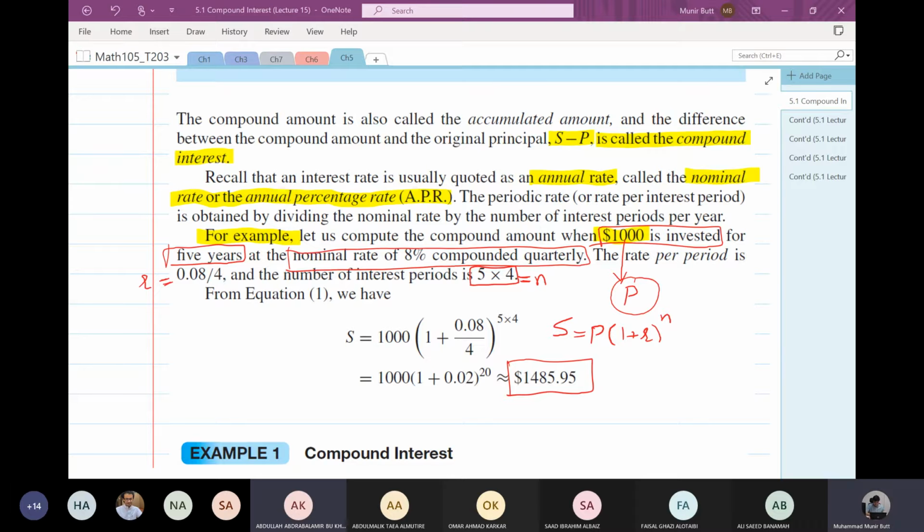No, the idea of this question is that if you have some amount and you want to see, after 5 years with a certain rate, if you give it to some bank, how much will be the amount after 5 years with compound interest. So after 5 years, instead of 1,000, you will have 1,485 and 95 cents. This is the idea.